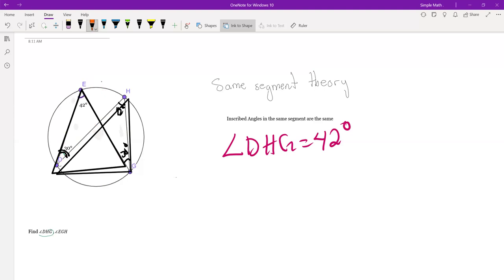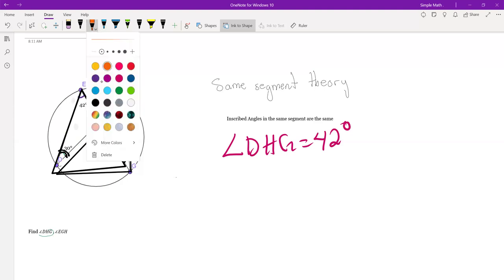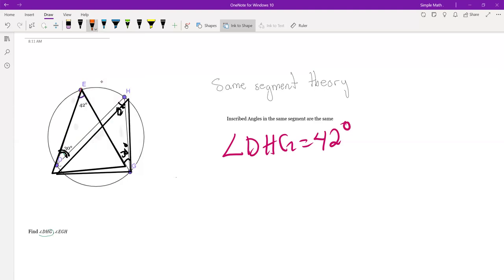Let me use orange and make it a bit thicker, from here to here to here, and then from here to here to here. You can see they're in the same segments, they are subtended by the same arc, and they share the same base if you draw them as triangles. So that's it for this question.